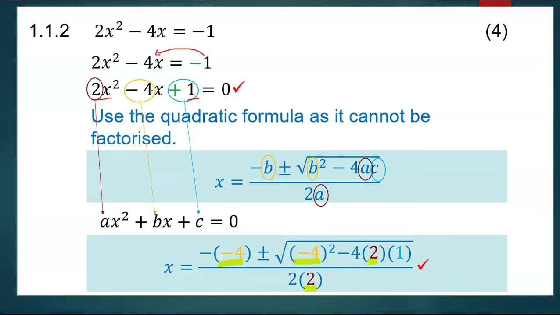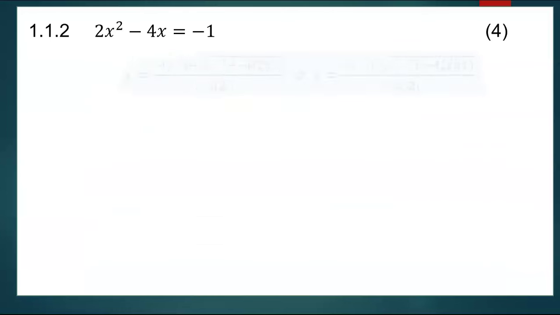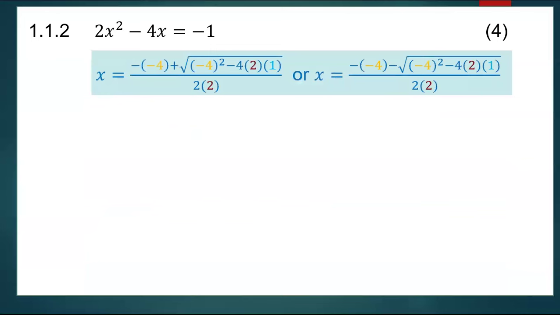Notice that this quadratic formula will give you 2 x values because there's a plus minus. It means that one part of the equation is positive and the other one is negative. Hence, I wrote it separately like this.